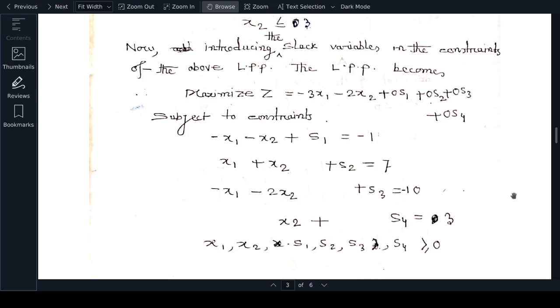Means maximize z equal to -3x1 - 2x2 + 0s1 + 0s2 + 0s3 + 0s4. These are the slack variables. You see x1, x2, s1, s2, s3, s4 are all non-negative, greater than or equal to 0. From next we make the table.